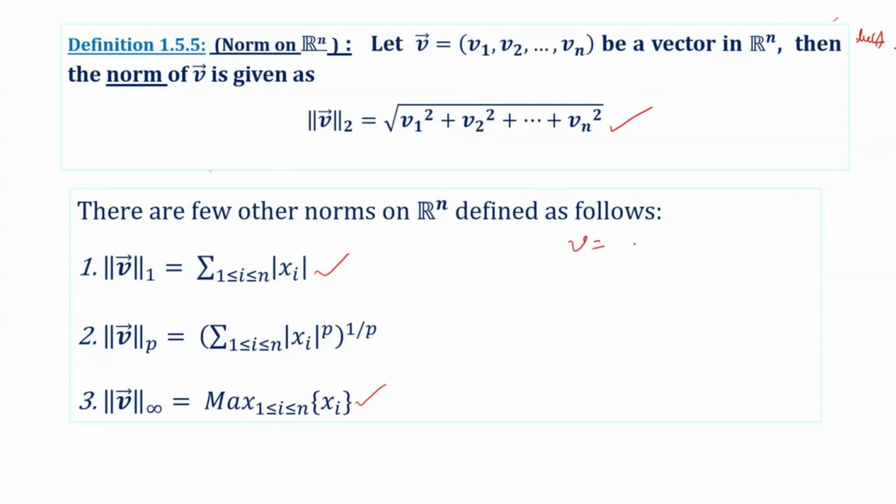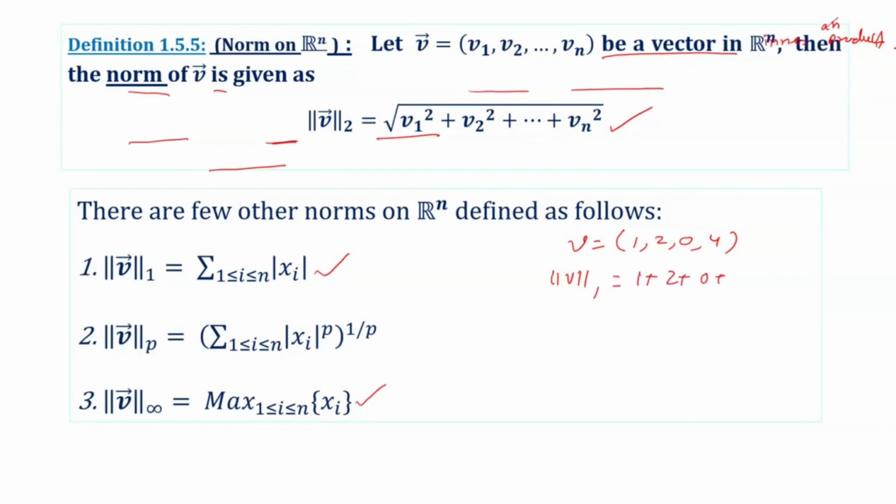So let's take one vector V = (1, 2, 0, 4). In this case, the norm ‖V‖1 is equal to 1 + 2 + 0 + 4, which is 7.